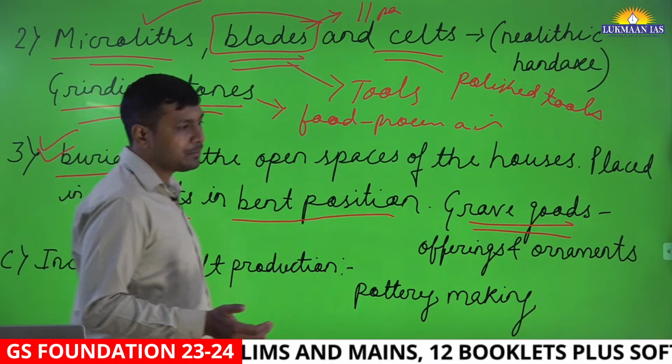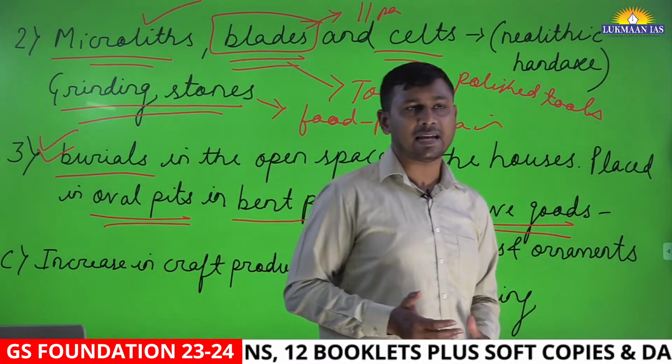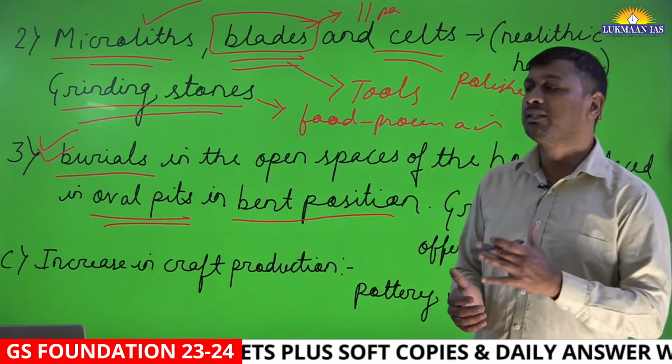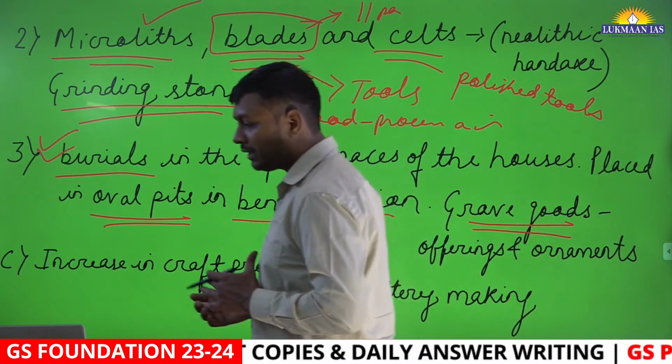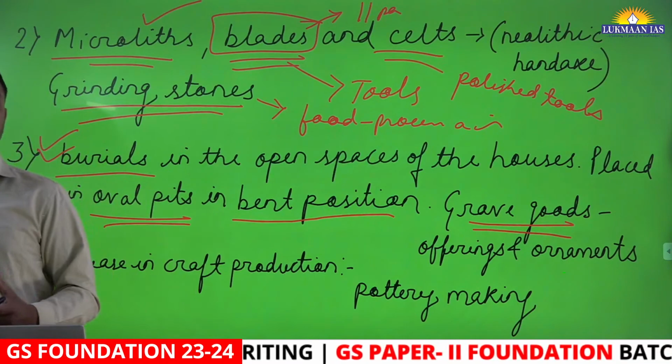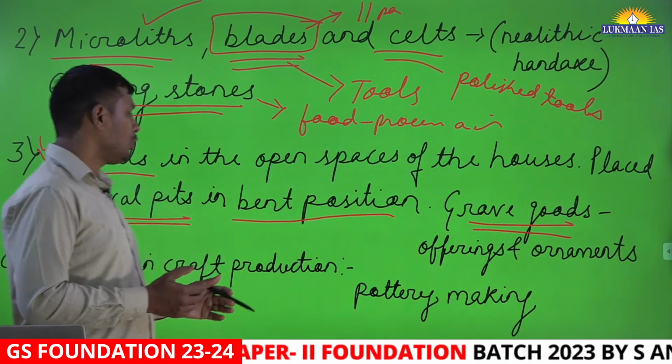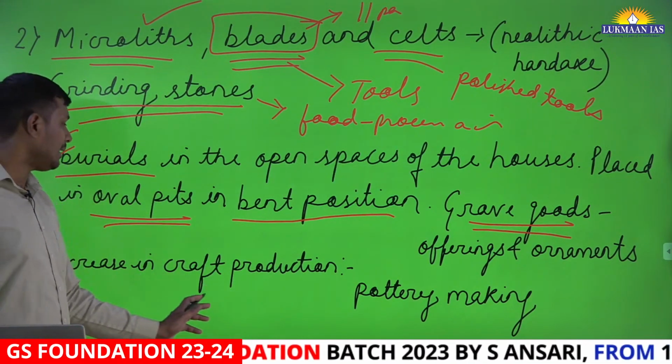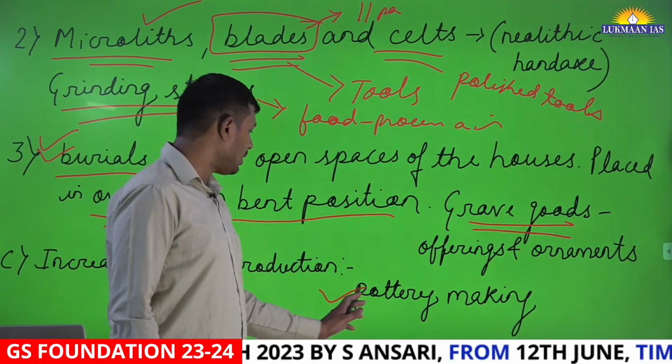Also in this time period, as it is a Neolithic site, and all of you know that the Neolithic is associated with the beginning of food production, craft making, pottery making, all these things are coming out. We get evidence especially of pottery making.